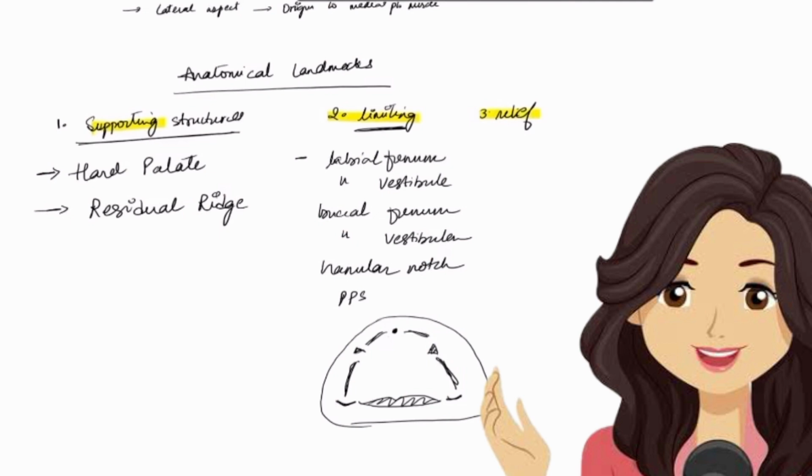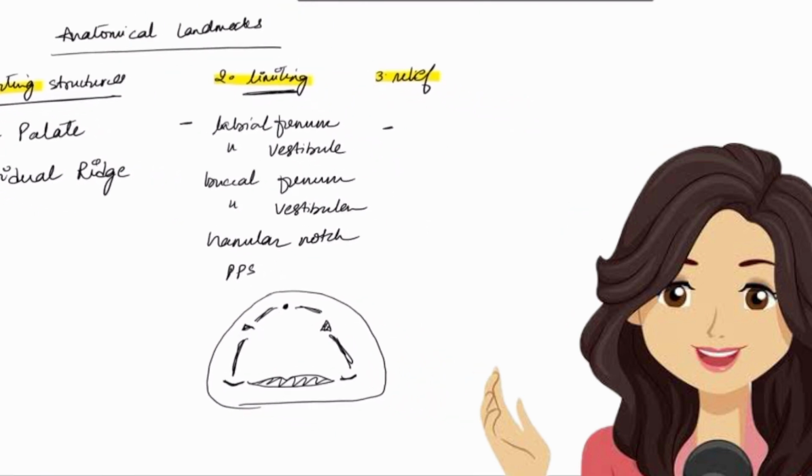And third is your relieving areas. Now, relief areas are what? The areas which cannot take up stress or which cannot take up load are called relief areas. So if we look at relief areas, you have incisive foramen or incisive papilla, which is present over the foramen. You have mid-palatine raphe.